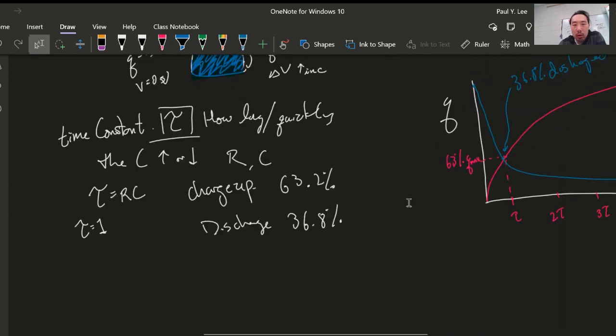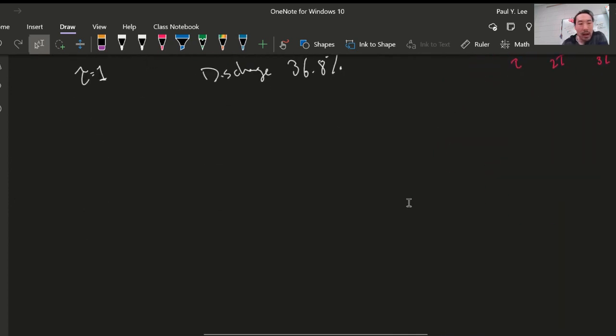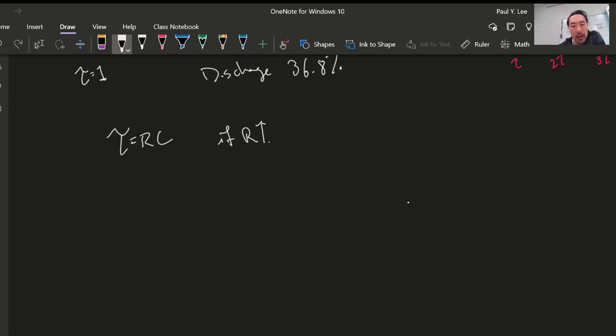So let's take a look at the relationship between tau and R and C. Tau, the time constant, is RC. We know that if the resistor increases, the time constant will also increase; they're directly proportional. Stronger resistor means that overall the current will decrease according to Ohm's law, V equals IR.